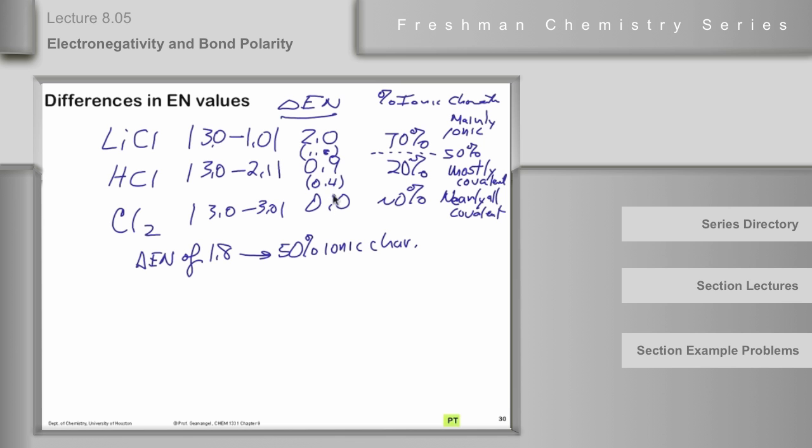I think what they mean is below 0.4, the covalency predominates and the ionicity is small compared to it. But I think it's a continuum. I think you should look at it as a continuum. And although I can see why 50% sort of makes sense, there isn't any sharp break right there in the properties of the compound.